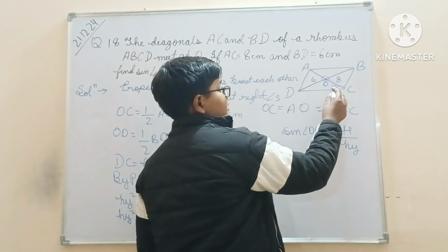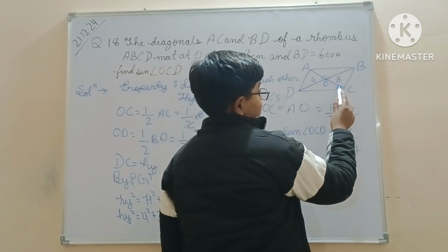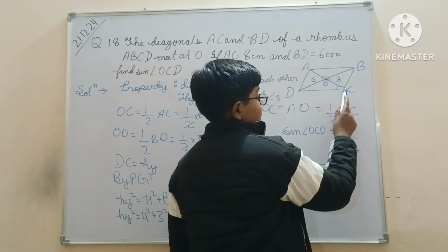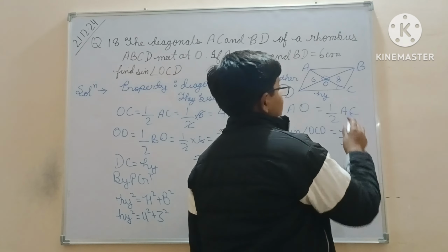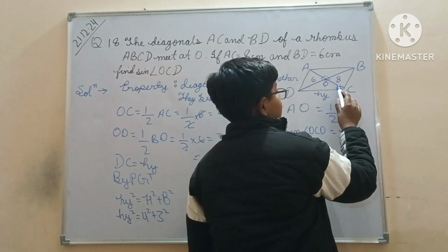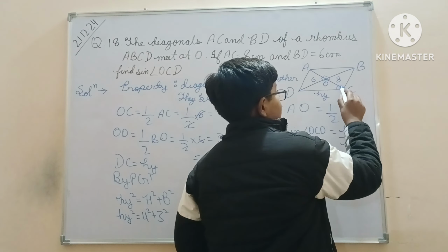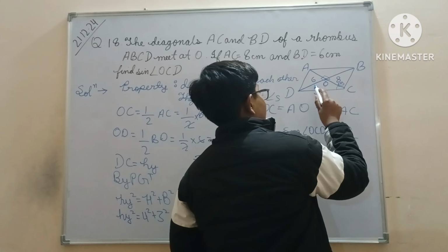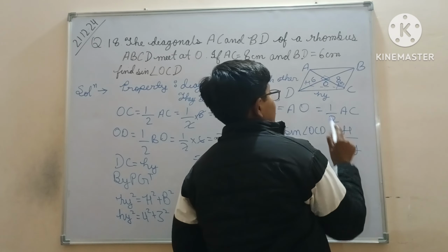So for finding sine angle OCD, the formula of sine is height divided by hypotenuse. But in this case, the biggest line is OC, so it will be hypotenuse. The angle which is touching the small line, that line will become the base, and the line which is in front of this angle will become height.